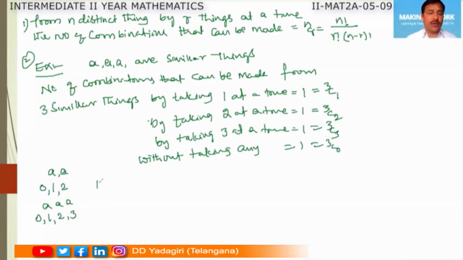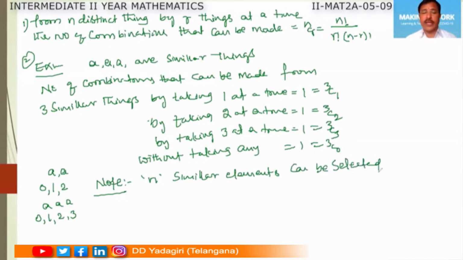Therefore, the general note to be remembered: n similar elements can be selected by taking zero, 1, 2, 3 and so on up to n, any number of elements or no elements, in how many ways?